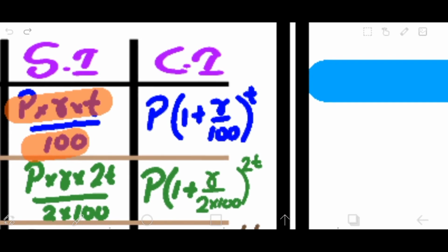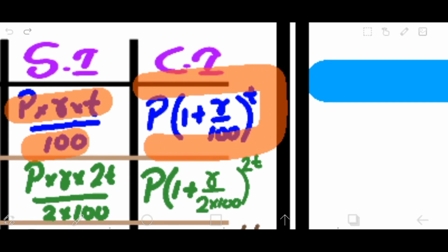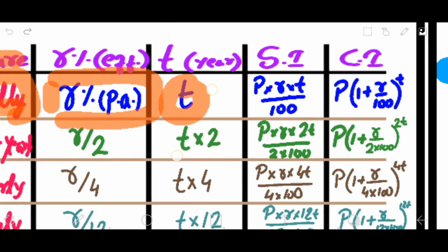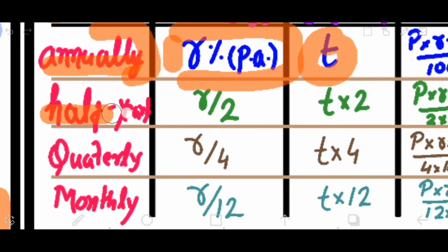And here we come to the CI part. In the CI part, it's P into (1 plus R by 100) to the power T, the time period. If you understood this well, then move to the other things, starting with the half yearly concept. When it comes to half yearly, R will be divided by 2 because R was given on a per annum basis.